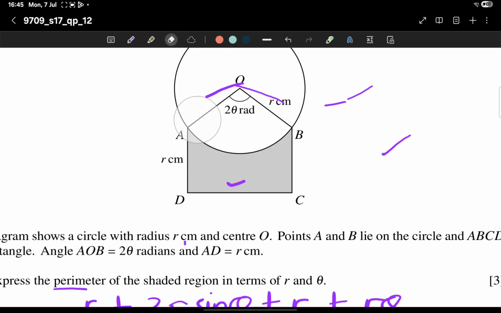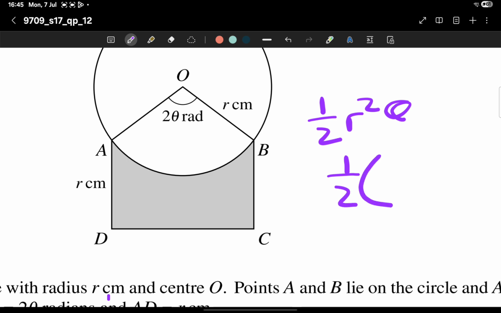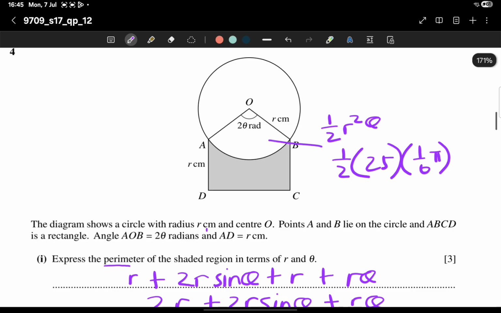So for area of sector, we're going to say half r squared theta, and it's half 25 because our r is now 5, we were told, and our theta is now 1 over 6 pi. That's how we're going to get the area of this whole thing.